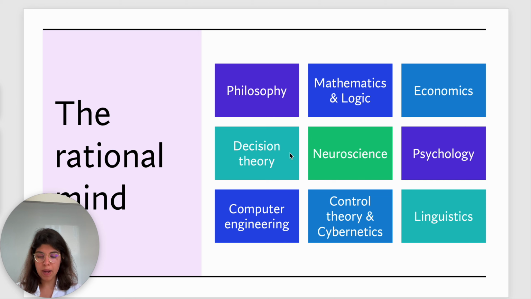So going back a little bit to philosophy, trying to find what the correct rules are to draw valid conclusions had been something that bothered philosophers. What's the best method to draw valid conclusions? And then, of course, that was formalized in various ways with mathematics and logic.